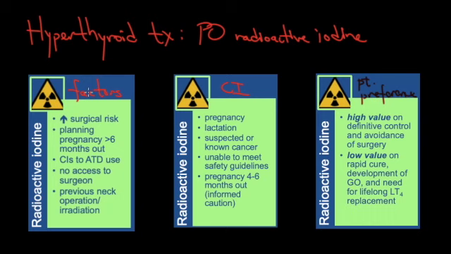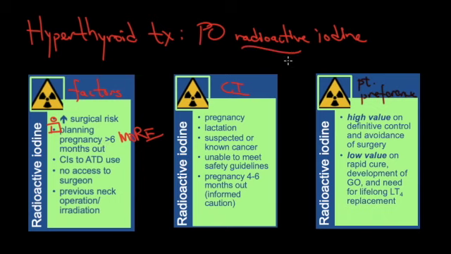So factors that might predispose us to using this treatment, kind of the same thing with the anti-thyroid drug, if they're at increased surgical risk. A big one is if they're planning pregnancy more than 6 months out, then we can definitely consider this therapy. Why can't we consider it if it's within that 6-month window?